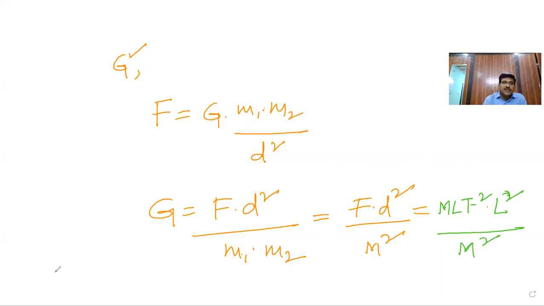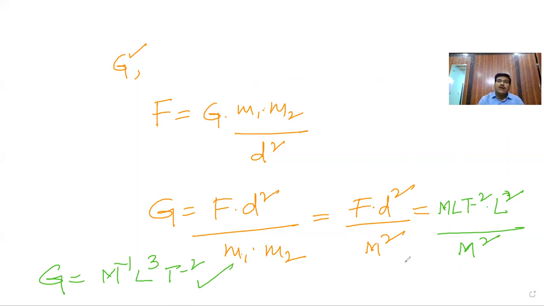On simplification, G has the dimension formula M minus 1, L cube, T minus 2. This is the dimensional formula for G.